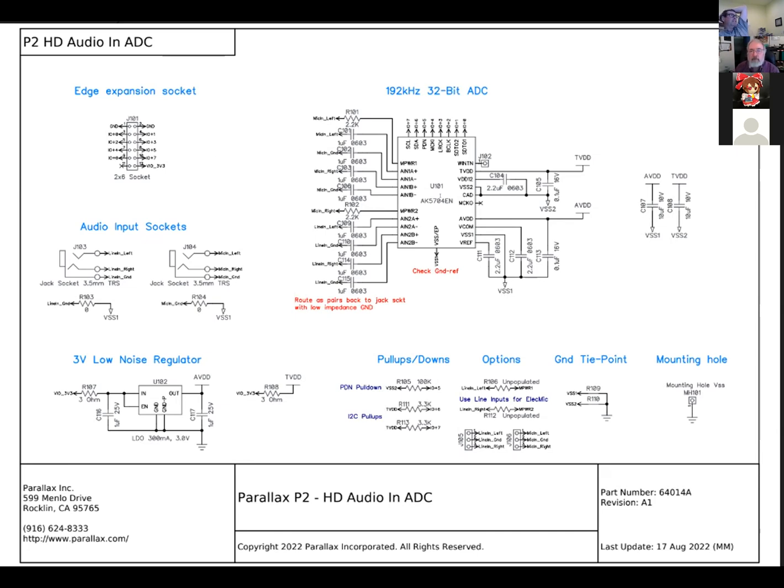But once you configure this thing with the I²C, then you just run the clocks and the framing signals, and it just does these 32-bit conversions at 192 kilohertz and sends you all this data out on 2 different pins. One is for the stereo set of A, and the other's for the stereo set of B. So we'll reel in 2 sets of data.